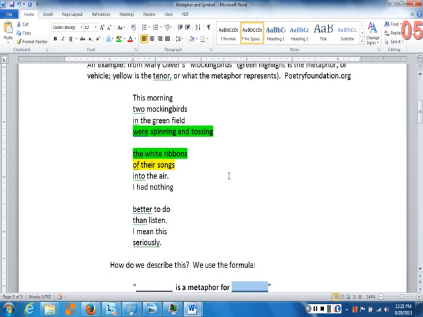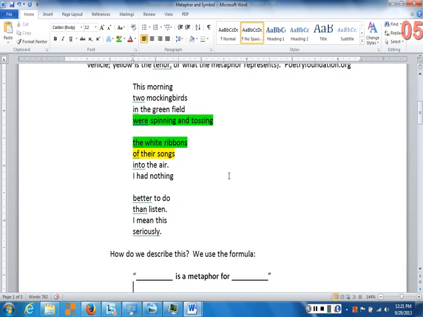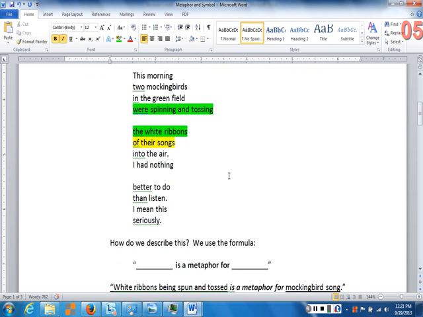It would name the metaphor, and then the second blank would be the tenor. So, if I'm describing this metaphor in Mary Oliver's poem, I'm saying that white ribbons being spun and tossed is a metaphor for mockingbird song.